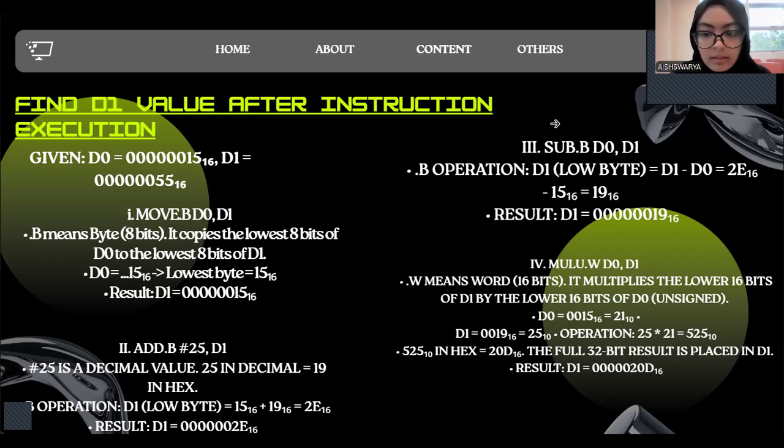Operation, 25 times 21 equals 525. 525 in hex is 20D. The full 32-bit result is placed in D1. The result is D1 equals 0000020D.